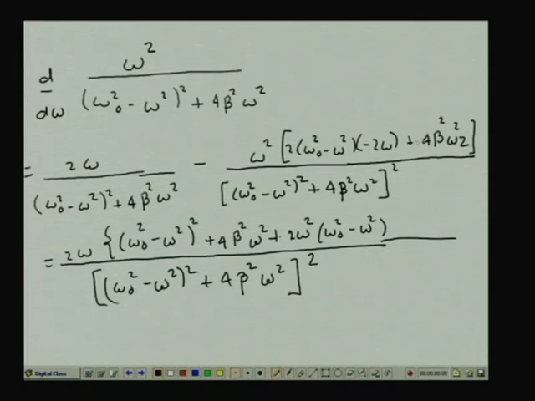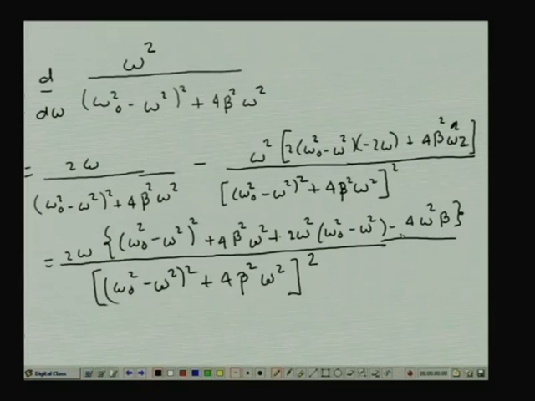And the second term, if I take 2 omega common, there should be no omega square, the square should not be here if I differentiate it. So, I will have minus 4 omega square beta square. So, this is my numerator.